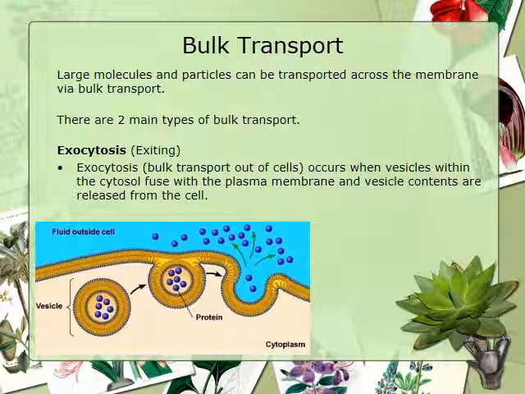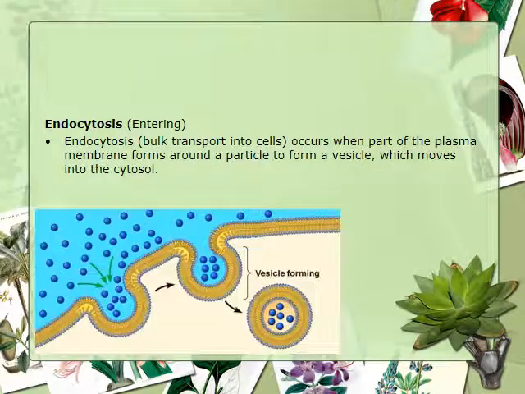The vesicles that these particles are held in will fuse with the plasma membrane, and the vesicle contents are then released from the cell. This requires the phospholipids of the plasma membrane to once again move laterally and allow a joining of these phospholipids from the vesicle, again moving back to that fluidity of the membrane.